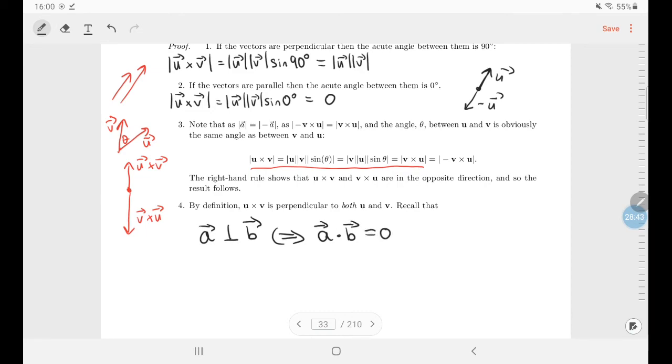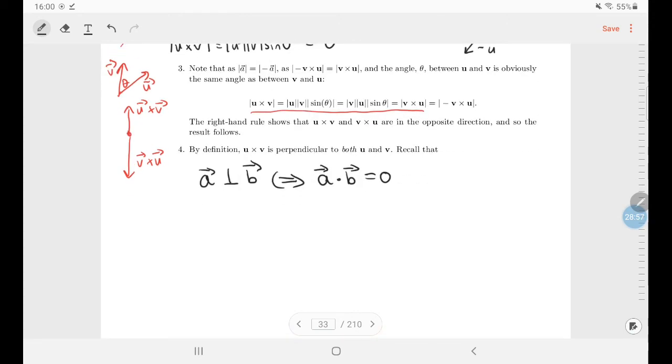And so if u is perpendicular to u cross v, and v is perpendicular to u cross v, then the dot product of u cross v and u is 0, and the dot product of u cross v and v is 0. That's all that's saying.